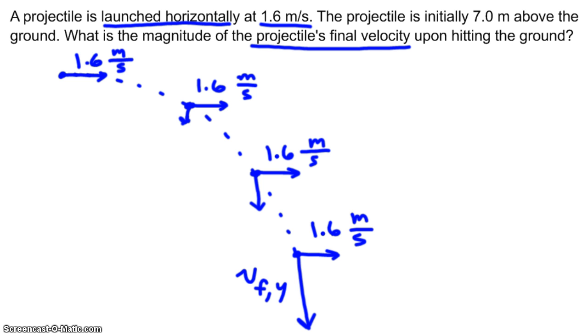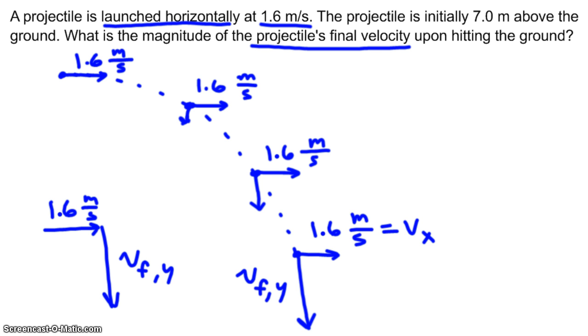And we are going to have to find, and this is the final x velocity, or just the x velocity, because it's not final, it doesn't change. So we are going to have to take that 1.6, add it with whatever the final y velocity is, so that we can find the final 2D velocity.